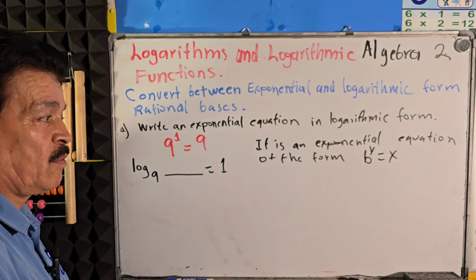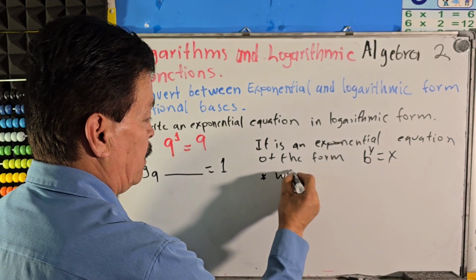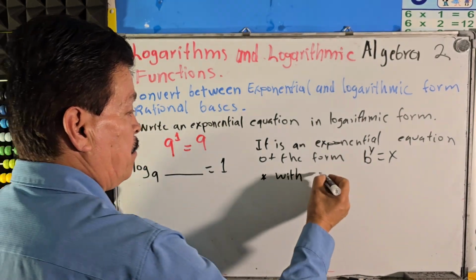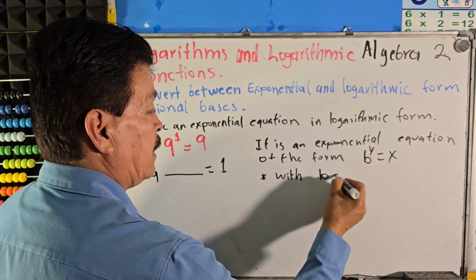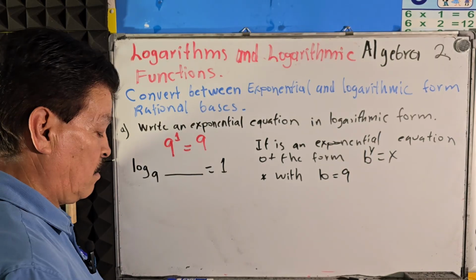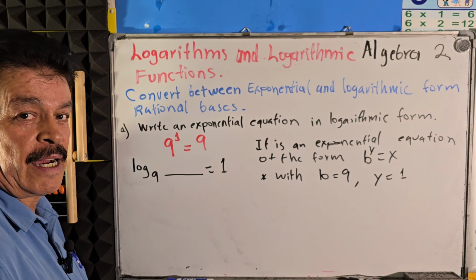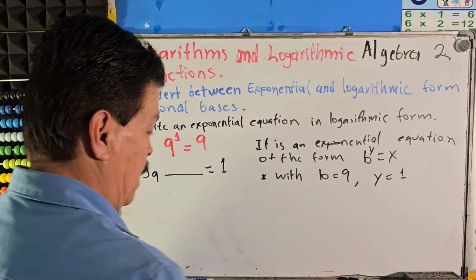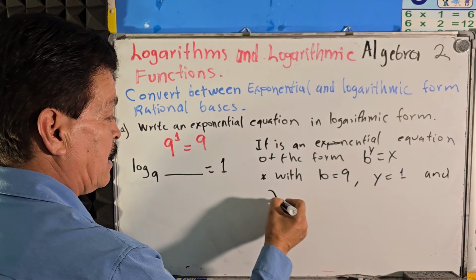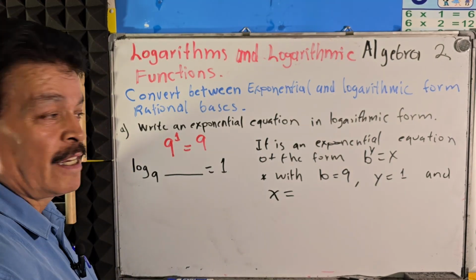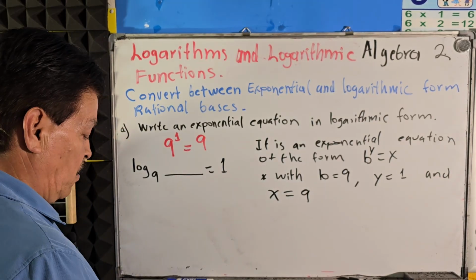Look at our data: b equals 9, y equals 1, and of course x equals 9. All right, so you have all the data.